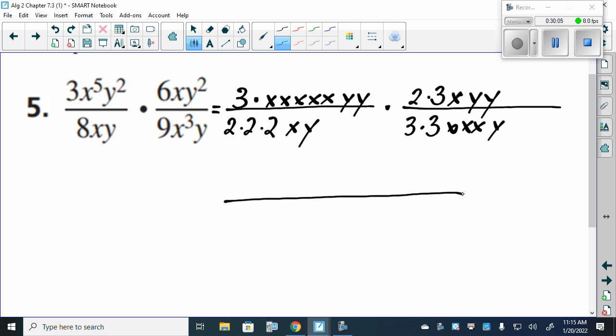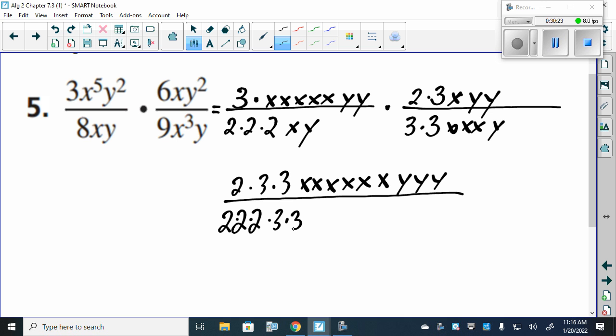What I can do is put them all together. So 2 times 3 times 3, 1, 2, 3, 4, 5, 6, 1, 2, 3. And on bottom we'd have 1, 2, 3, 3, 3, 2, 3, 4 x's and 2 y's.